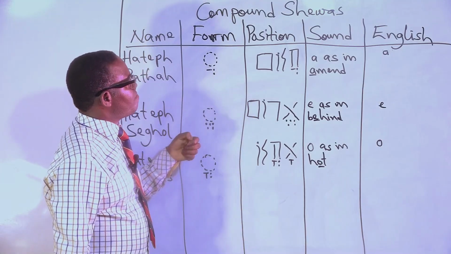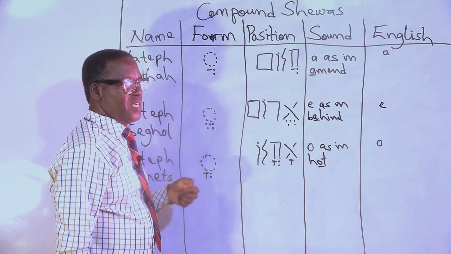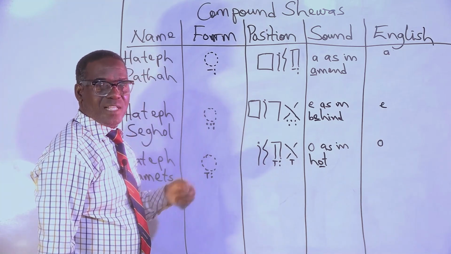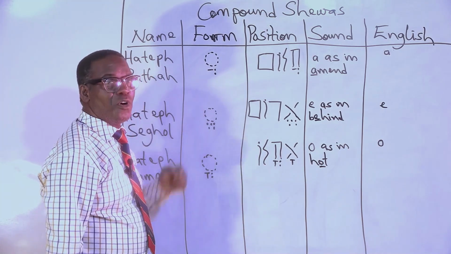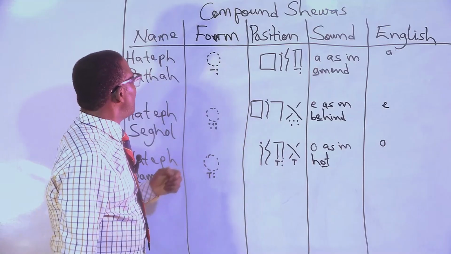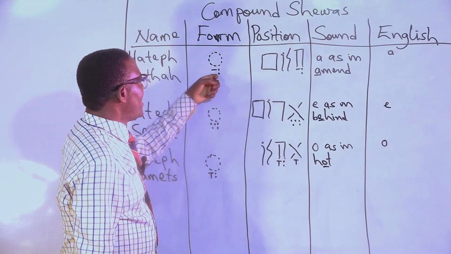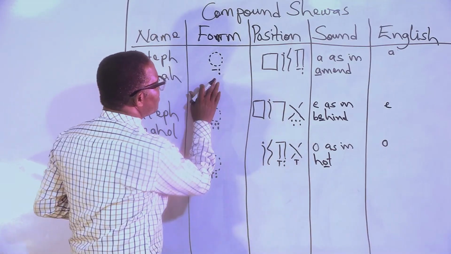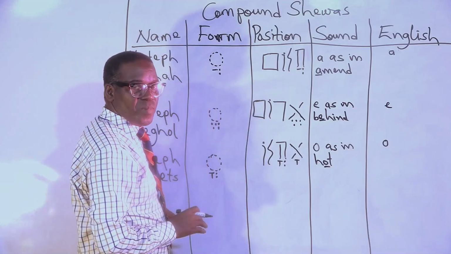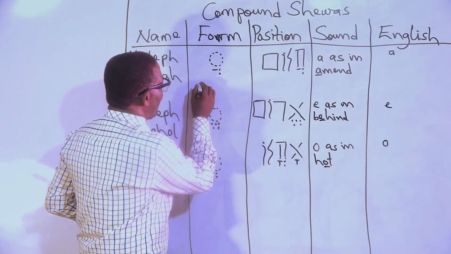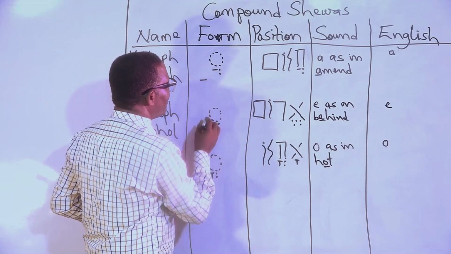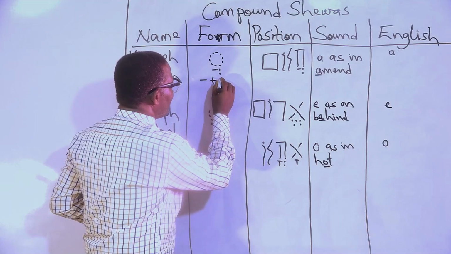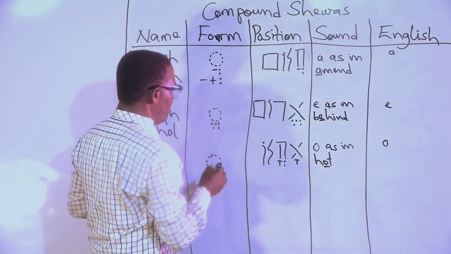The pronunciation of shewa is brief as compared to the full vowel. So the form of Hateph Patah is this, below the consonant. We have patah plus shewa.